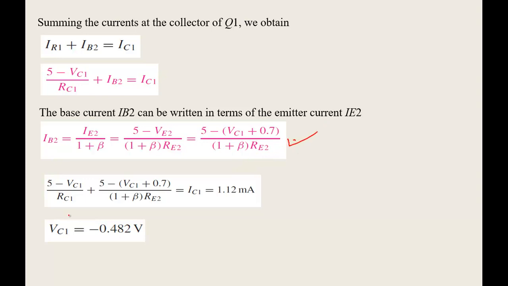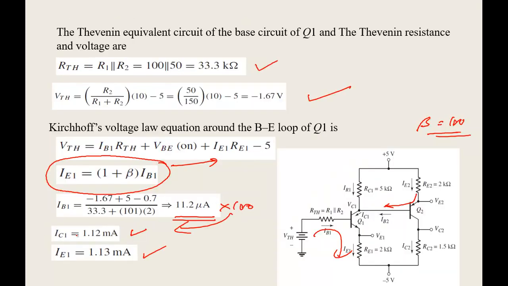Okay, so now summing these two, IR1 and IB2, is equal to IC1. So the sum is 5 minus VC1 by RC1 plus 5 minus VC1 plus 0.7 by 1 plus beta RE2, which is equal to IC1, which is 1.12 milliampere, because IC1 is given as 1.12 milliampere.